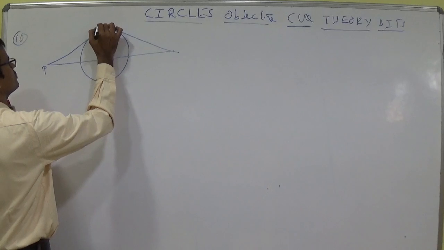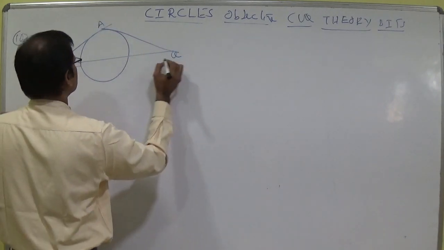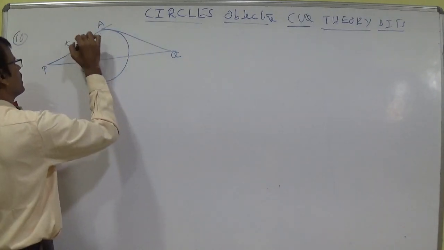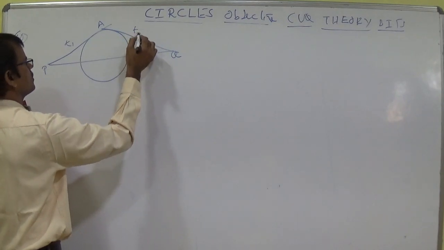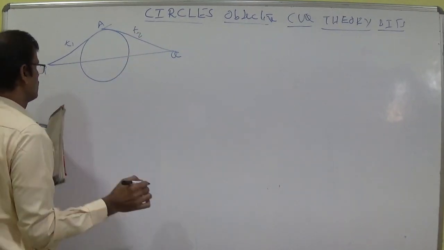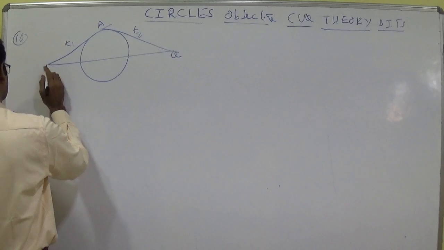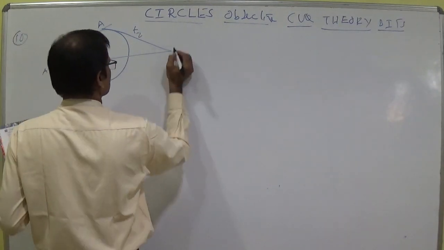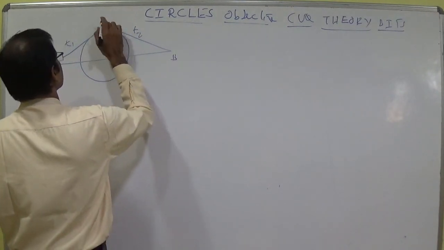This is P, this is A, this is Q. This length of tangent is T1 and T2. He is giving this is A, this is P.